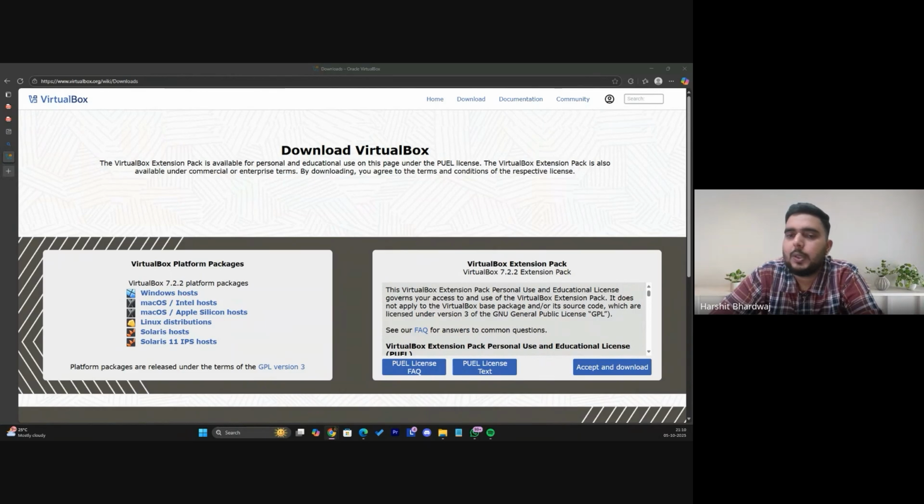So on Windows, I will put VirtualBox so that I can run Kali Linux. I have to do pen testing, and I cannot do it with Windows directly. So I need some medium where I can install my Kali Linux operating system. VirtualBox is one such medium that we can use.